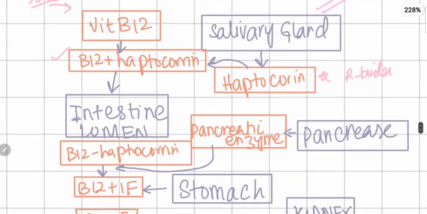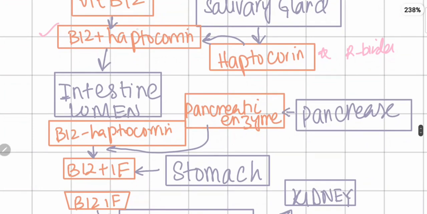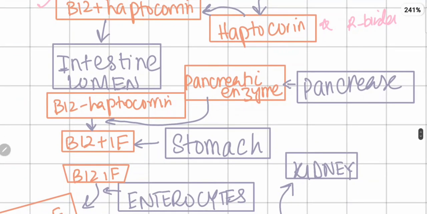And then this is going to travel straight through the stomach, straight through the intestine. It will enter the intestine lumen. In the intestine lumen, we have pancreatic enzymes released from the pancreas. These pancreatic enzymes are going to unbind or break the bond between B12 and haptocorin.